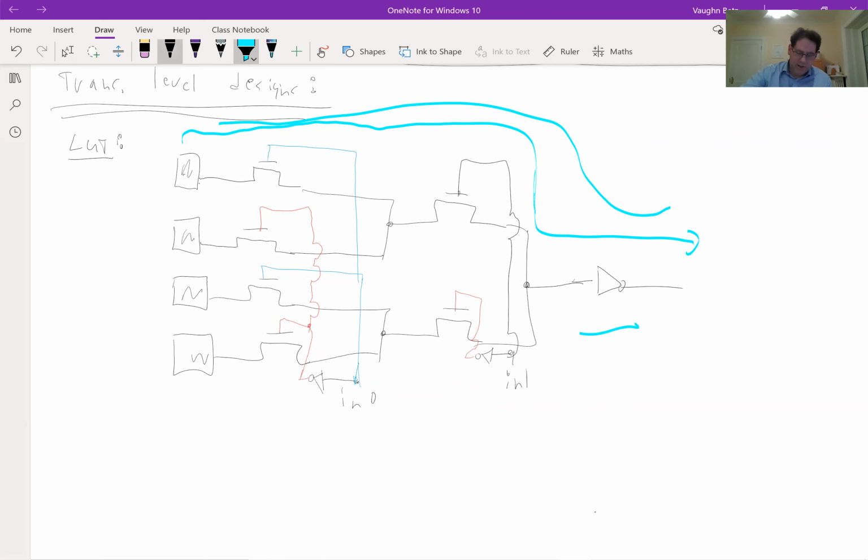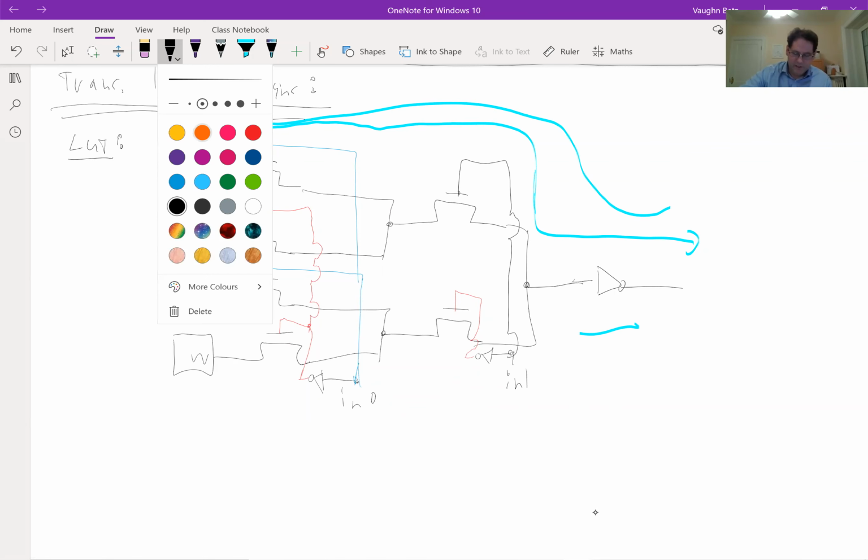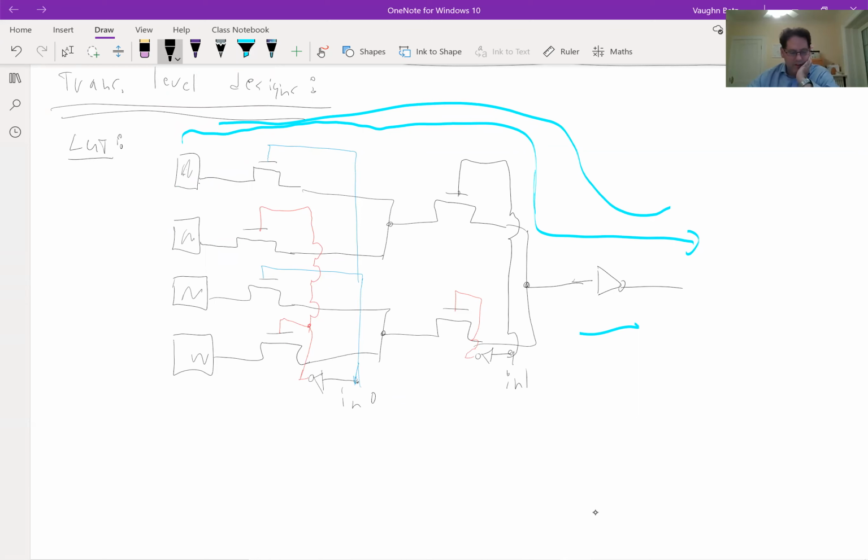Is there anything here that worries you? Am I missing anything? I guess I am missing something. What am I missing? If you read the paper from a week ago carefully, you'll know that there's something bad about what I've drawn. I need to put something else in here. The buffer is missing. Well, I've got an inverter.